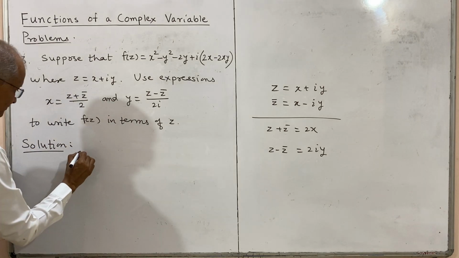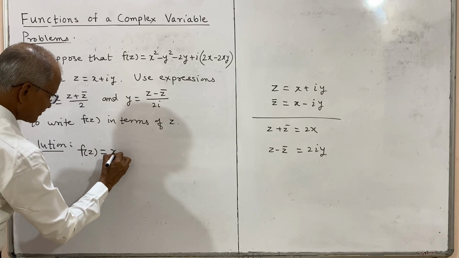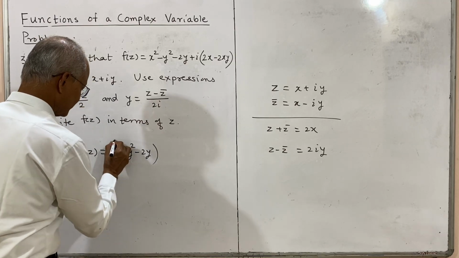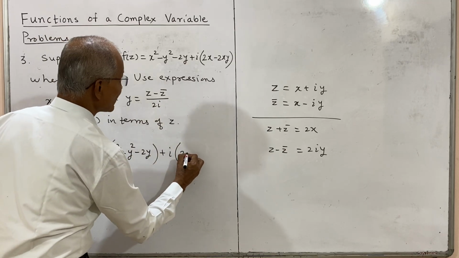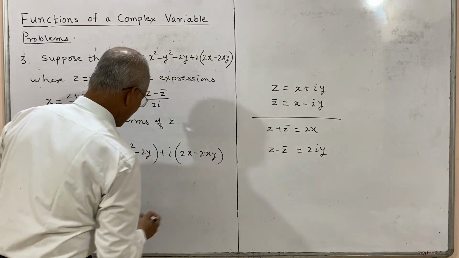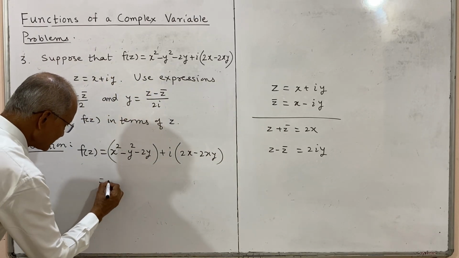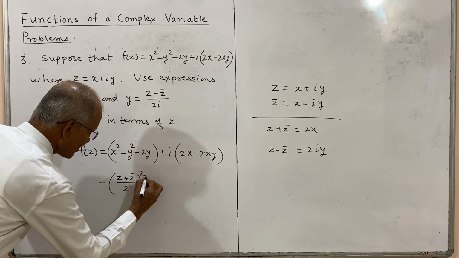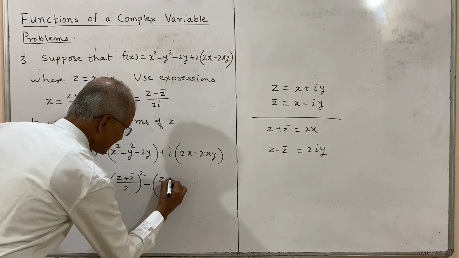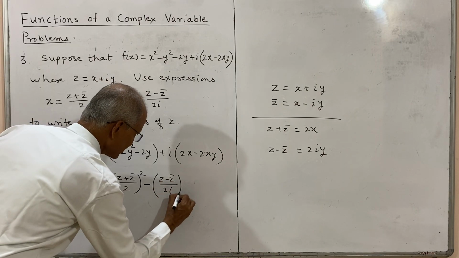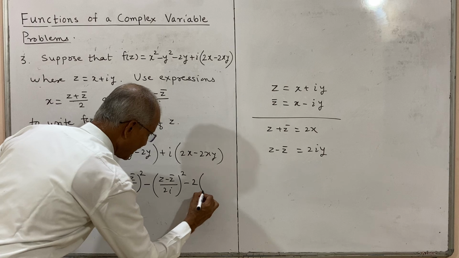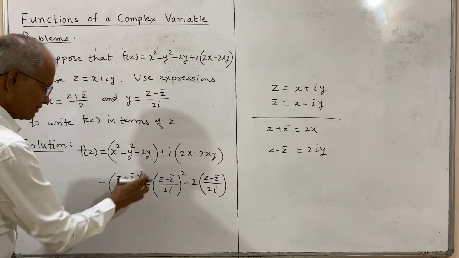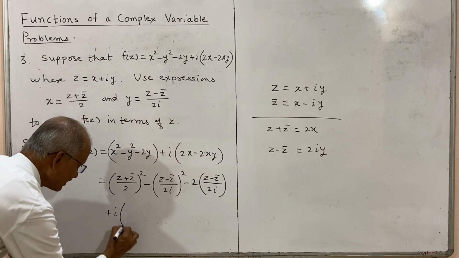is f of z. f of z is x square minus y square minus 2y plus i times 2x minus 2xy, and therefore this is x square, where x is z plus z bar divided by 2, whole square, minus y square where y is z minus z bar divided by 2i, whole square, minus 2 into y, again it is z minus z bar divided by 2i, plus i into bracket.